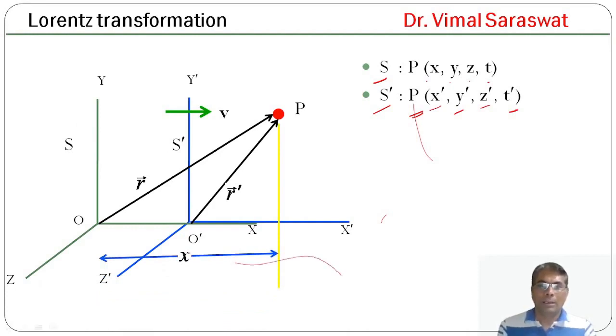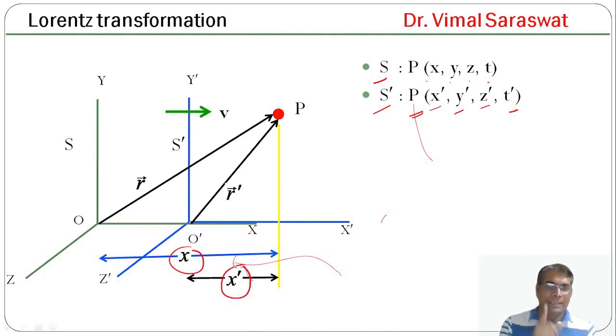This is the coordinate of point P in the x direction, and this is the coordinate of point P in frame S dash in the x direction. Since frame S dash is moving with constant velocity v in the x direction, after time t it covers a distance vt.